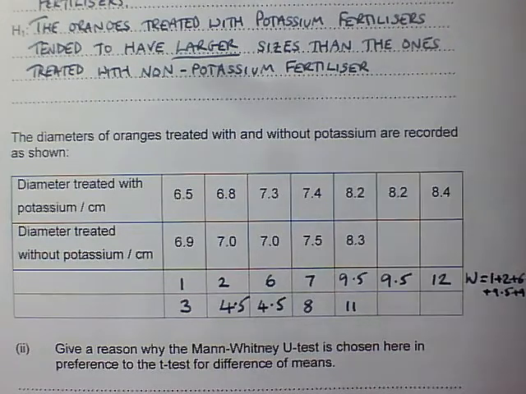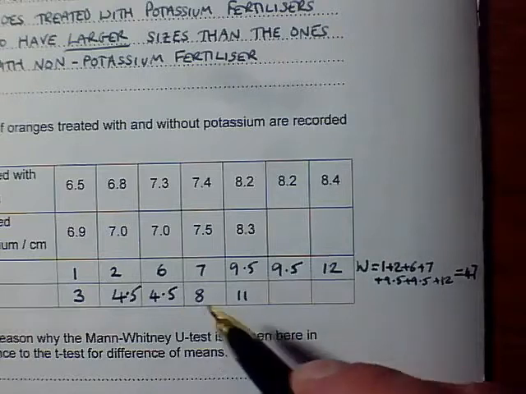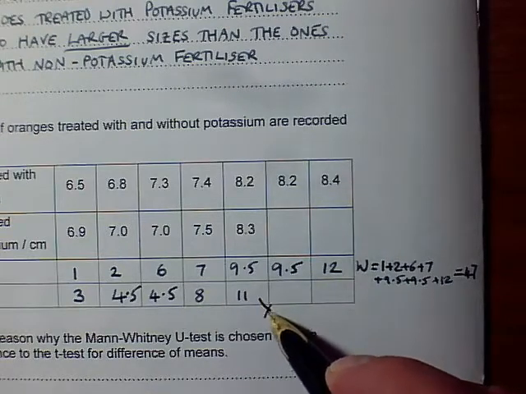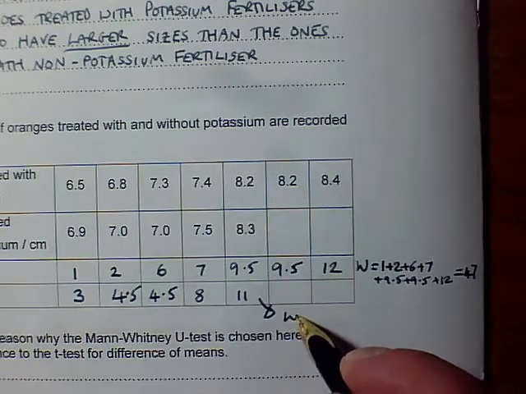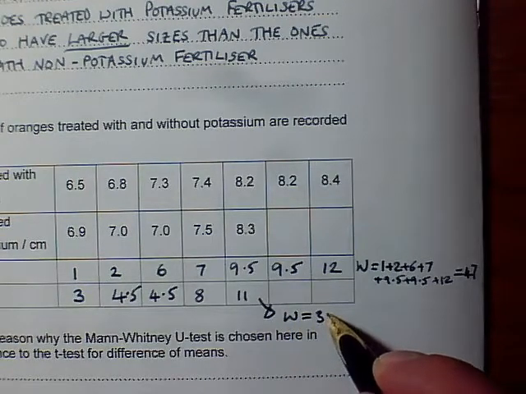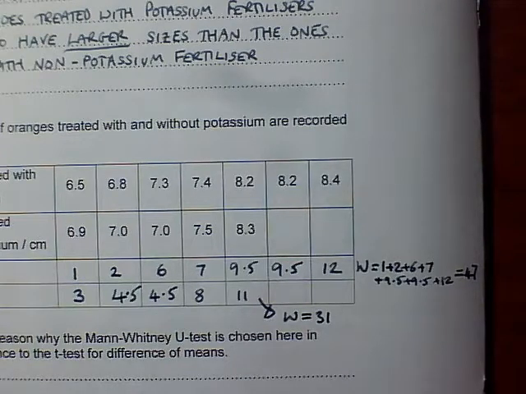And if I add all of those together, then my calculator gives me an answer of 47. Whereas if I sum the other ranks here, 3 plus 4.5 plus 4.5 plus 8 plus 11, we get a W value of 31.